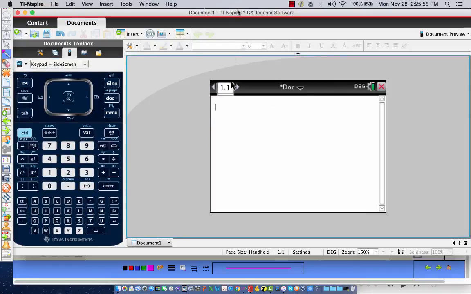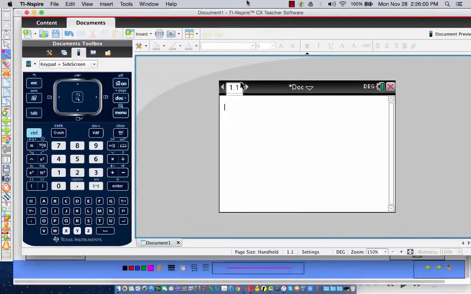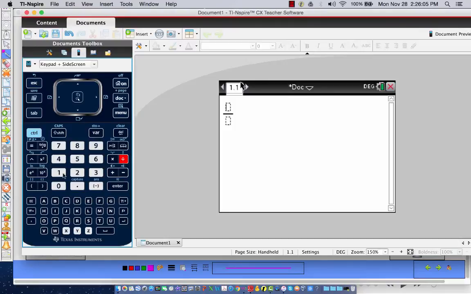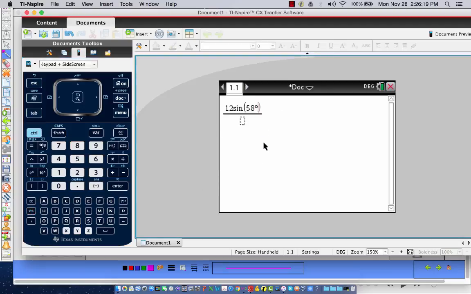So I need to take 12 sine 58 and divide it by sine 39. So I'm going to use the fraction bar and type in 12 sine parentheses 58. My calculator is in degrees. I see it right here, so I don't have to put the degree symbol. If I did, it is located right there, and I would just crank it in. I can put it in there now. It won't affect it, but I'll leave it out.